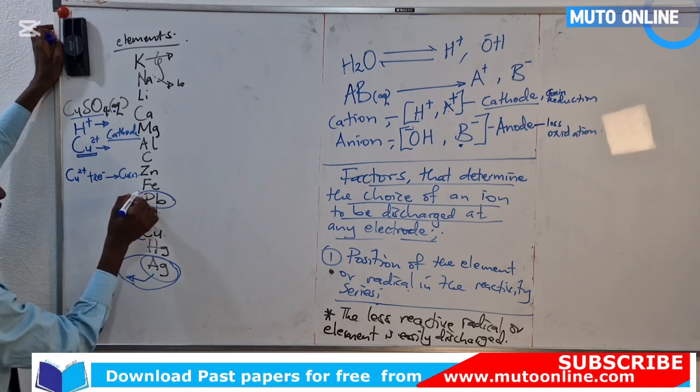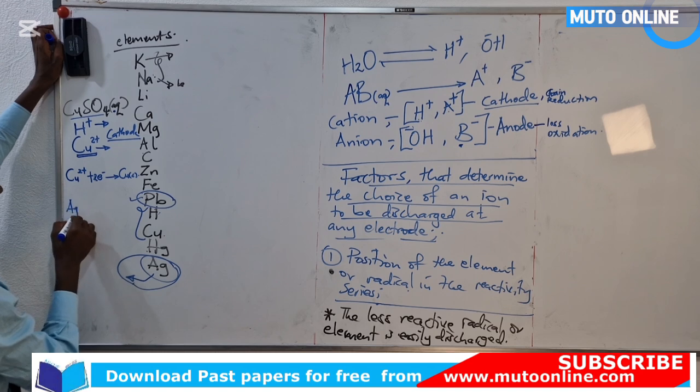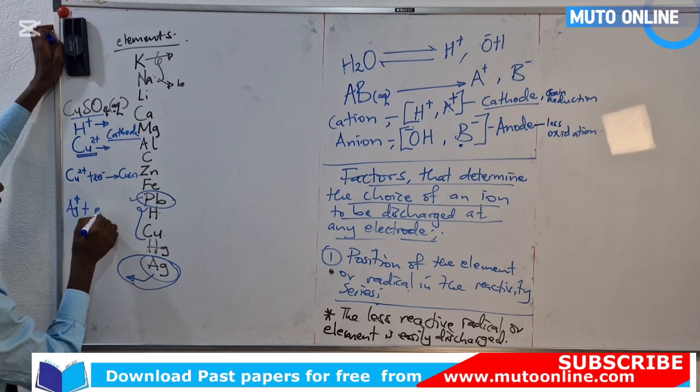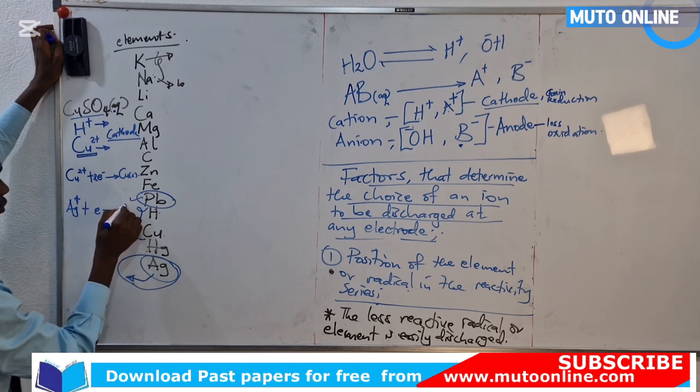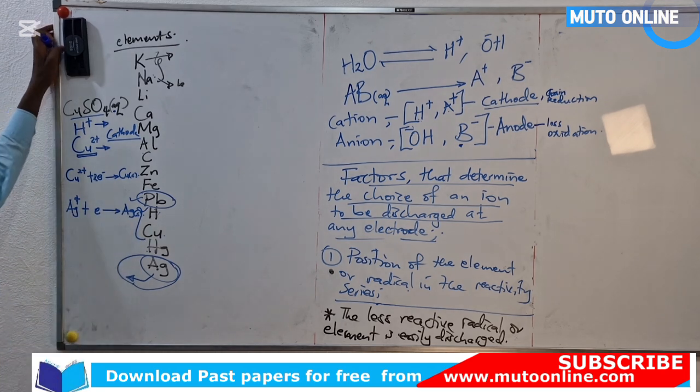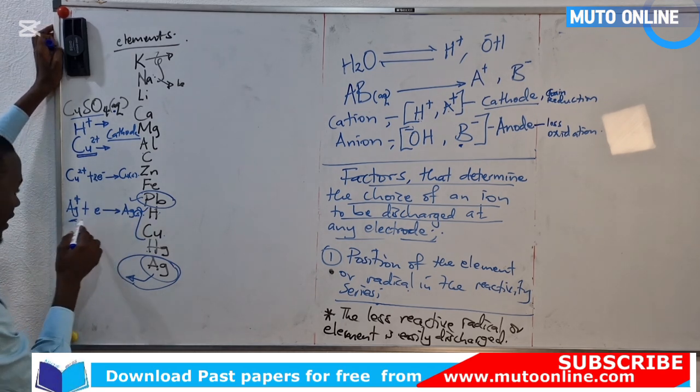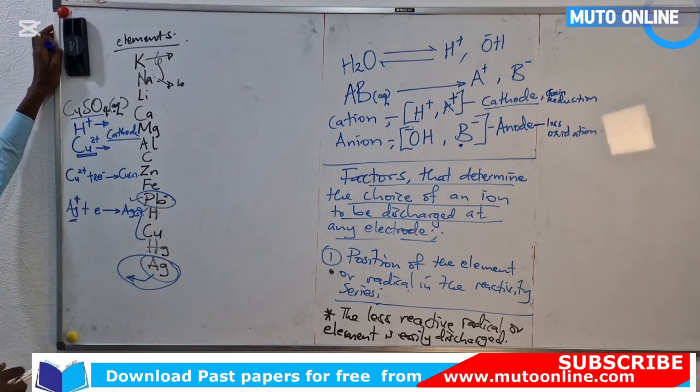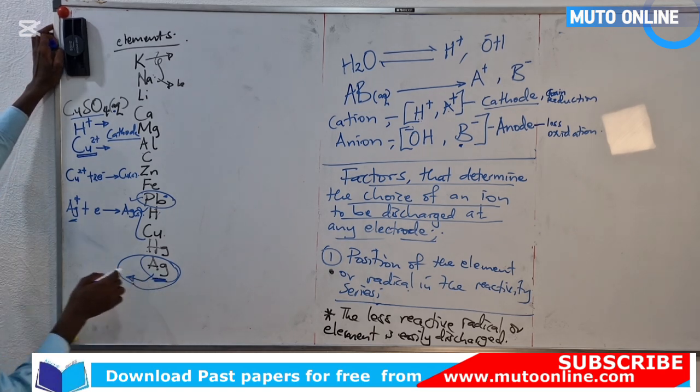So the silver ions will be discharged, and we said the discharge of positively charged ions is gain of electrons to form its respective atom or molecule. So we shall discharge the silver ions in preference of hydrogen or of lead ions because silver is less reactive.